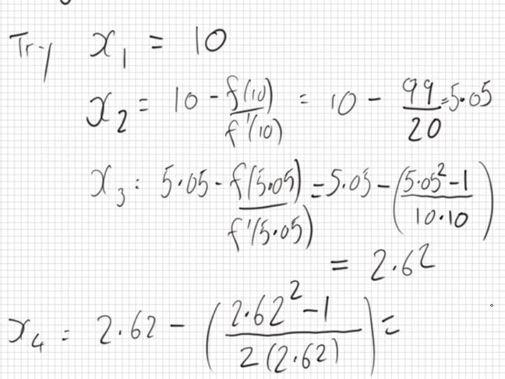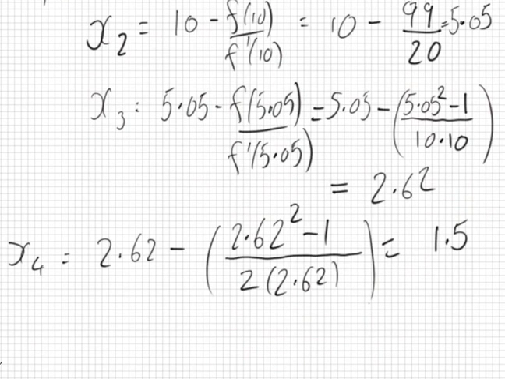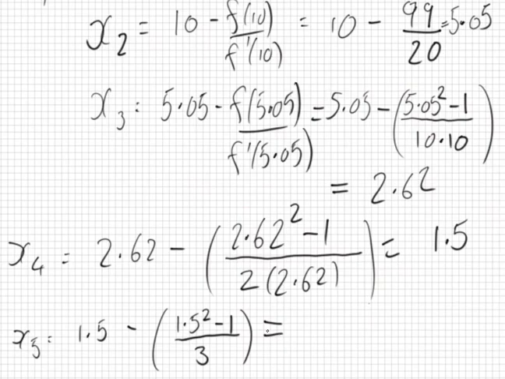And I'll do one more now, 1.5. Okay, so then x5 would be 1.5 minus 1.5 squared minus 1 over 3. 1.1, okay.